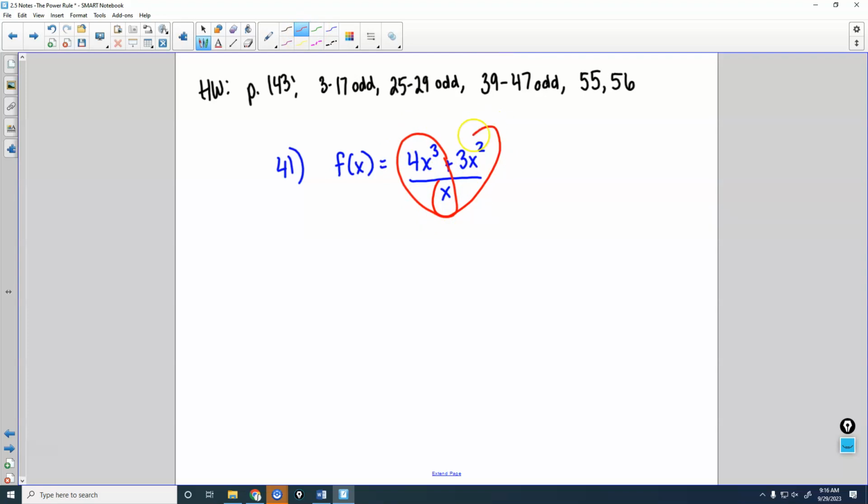I taught you guys about a love connection in pre-cal, didn't I? We can divide both of those terms in the top by that x. So that would mean we've got 4x to the third over x plus 3x squared over x. So that's 4x squared plus 3x. Now, I haven't taken the derivative yet. That's just rewriting.